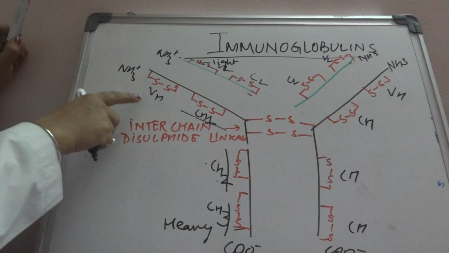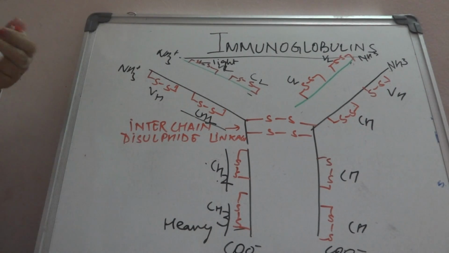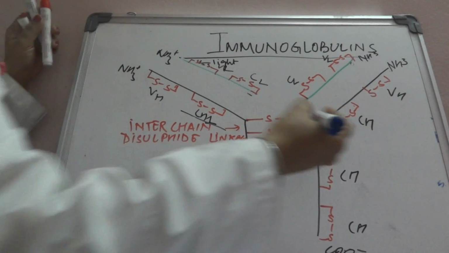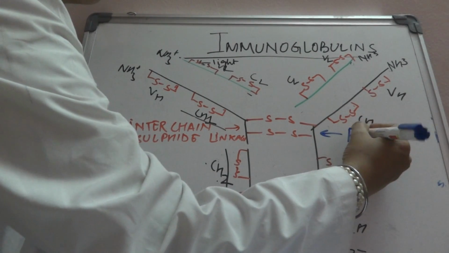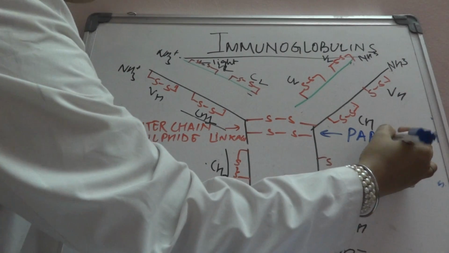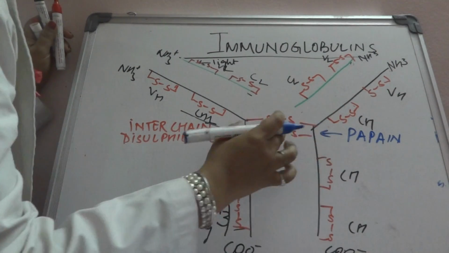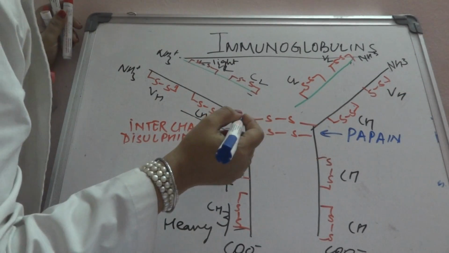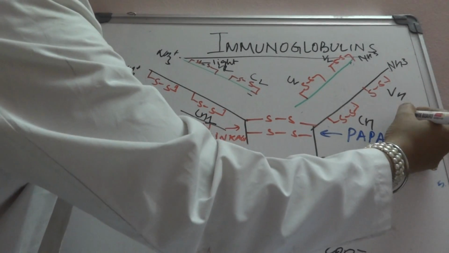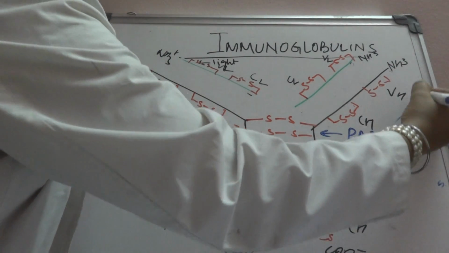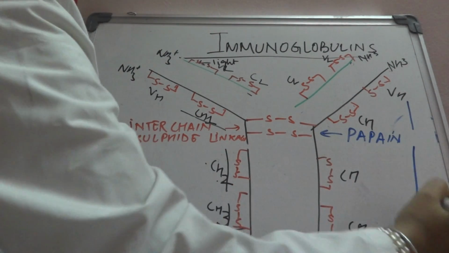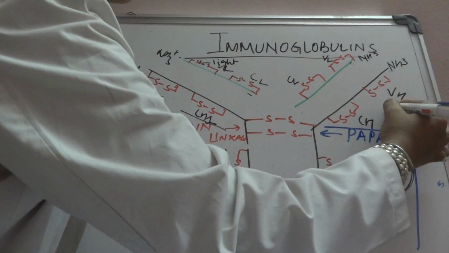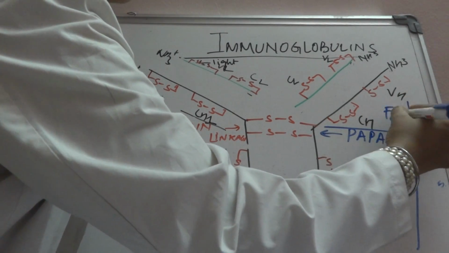Now, biochemistry without an enzyme is never over. So there is an enzyme called papain. When this acts, it acts on this region and separates constant heavy chain 1 from constant heavy chains 2 and 3. The upper region is called fragment antigen binding.